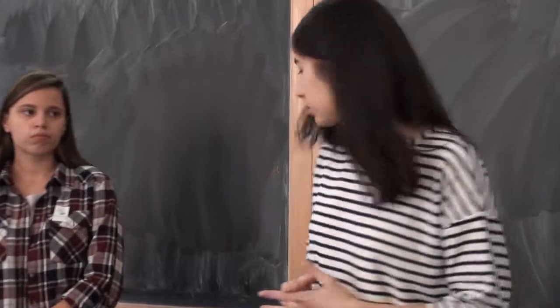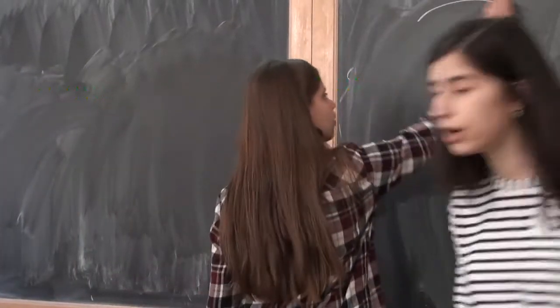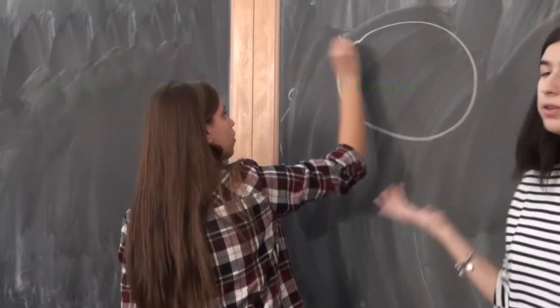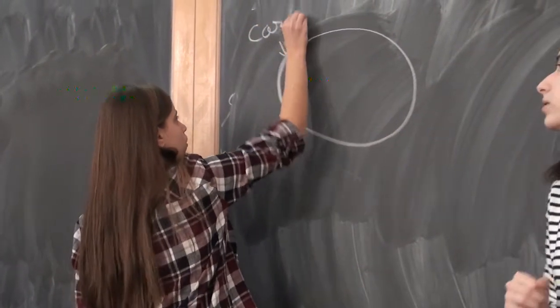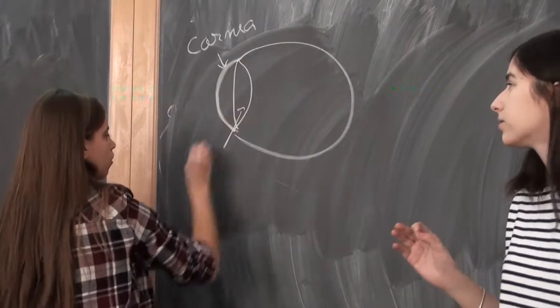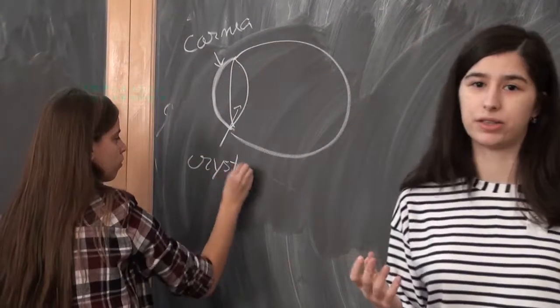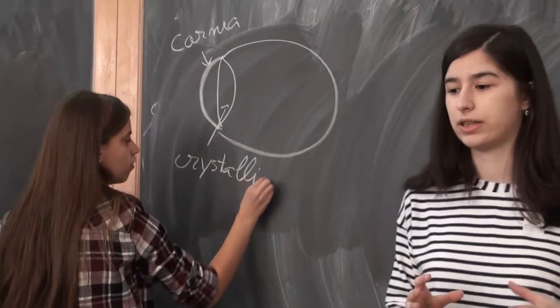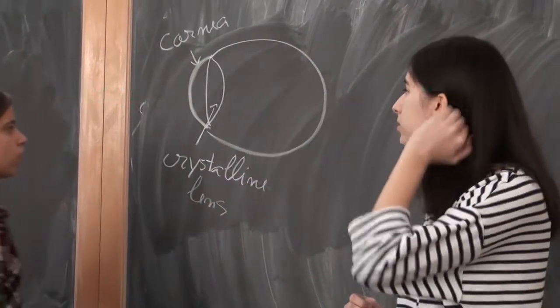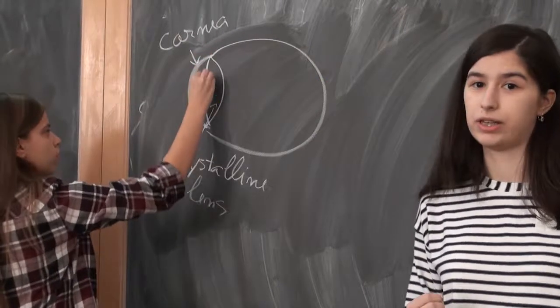The elements involved in the formation of an image are the cornea, which is the thin outer membrane that covers the front of the eye, the crystalline lens, which is held together by two ciliary muscles, which are tiny tendons that can contract and relax in order to change the focal length of the lens.